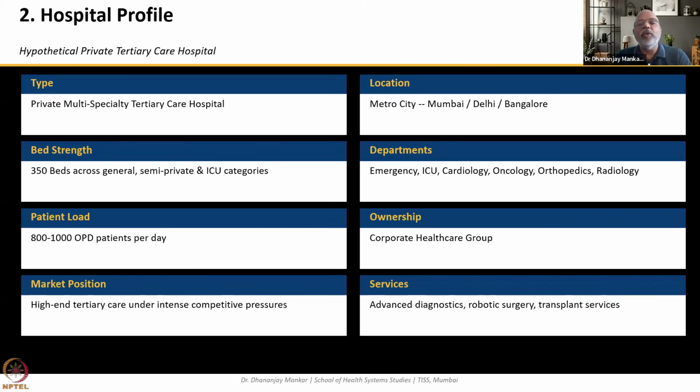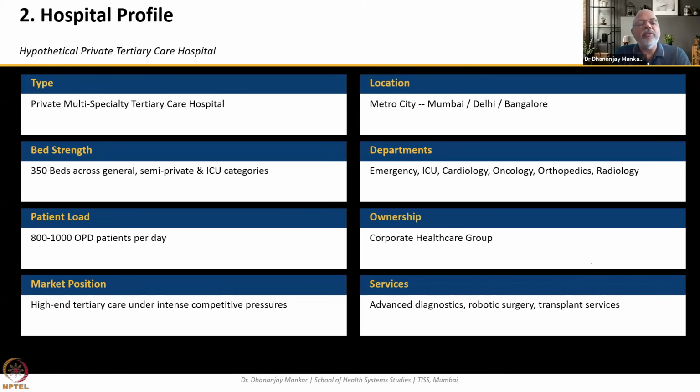So you can understand it is about regular communicable disease, and additionally the non-communicable disease burden is also taken by this hospital. This hospital is 350 bedded plus, with general, semi-private and ICU categories, meeting the requirements of tertiary care.